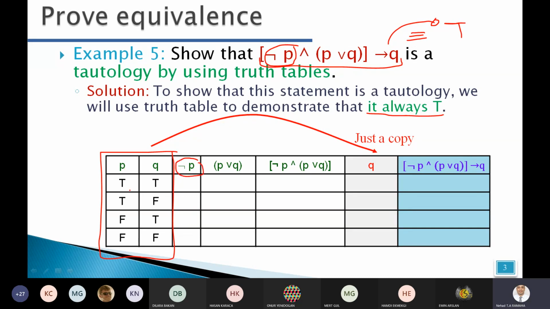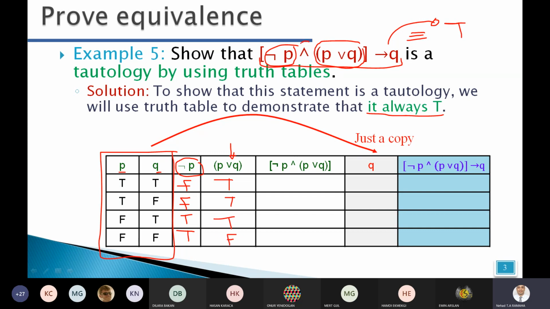True becomes false, true becomes false, false becomes true, false becomes true. Now, the other side here, P or Q. What's the rule of or? Or says if any side is true, the result will be true. This means true and true, true; true and false, true; false and true, true; false and false, false.